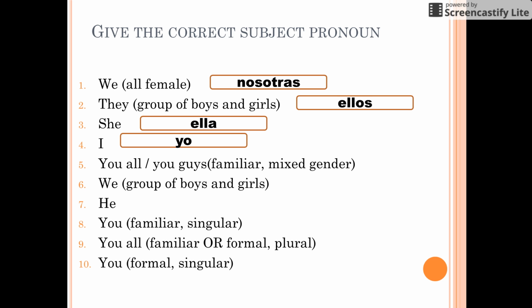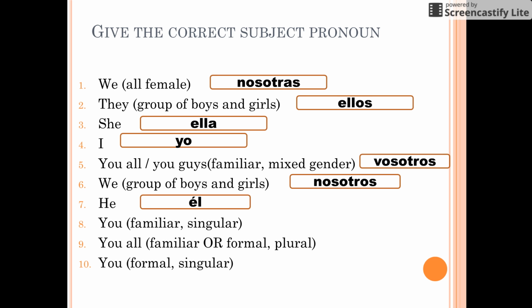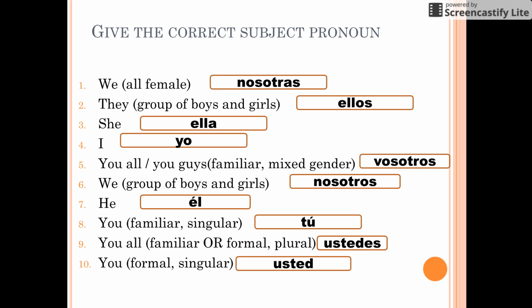Número cinco, vosotros. Número seis, nosotros. Número siete, él. Número ocho, tú. Número 9, ustedes. Número 10, usted.